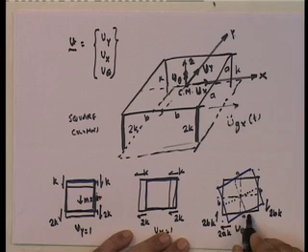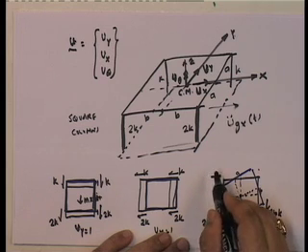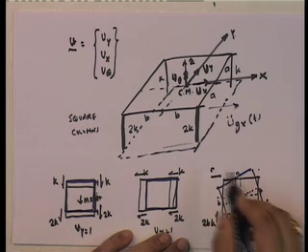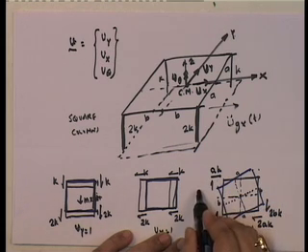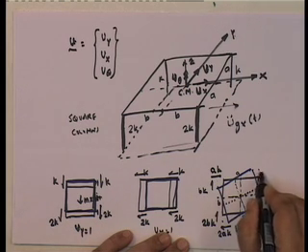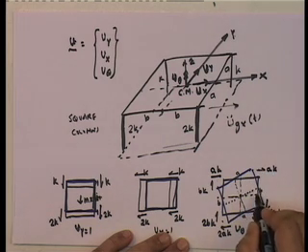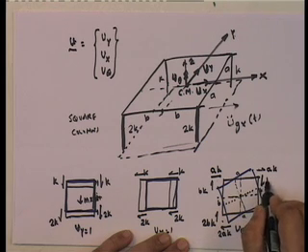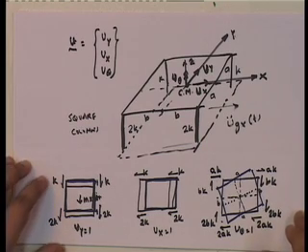And similarly, since it has gone this way, it will come this way, and this is 2ak. Similarly, this one, since it has gone this way, it will go down this way, and that is equal to a k. This has gone this way, so this will go this way, and it will be b k. Similarly, since this has gone this way, it will have a force in this direction equal to a k, and since it's gone up, it will have b k. Okay. So, these are all the forces that we have.